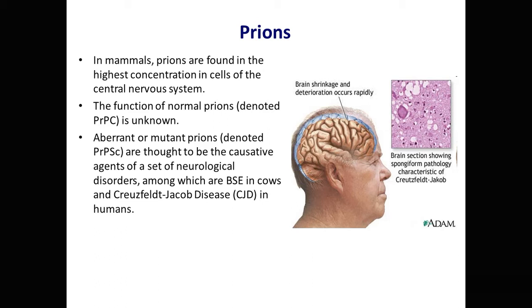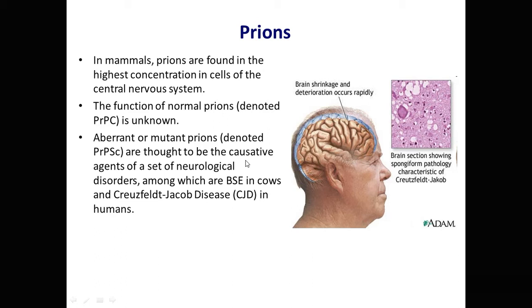Due to death of the neurons through the apoptosis mechanism, holes are left in the brain tissue, and that's why the disorders caused by the prions are called spongiform encephalopathies.